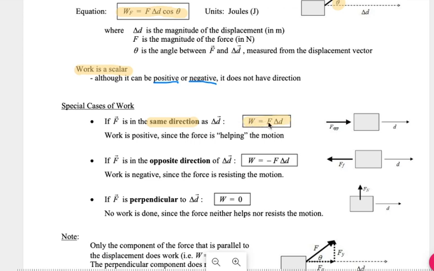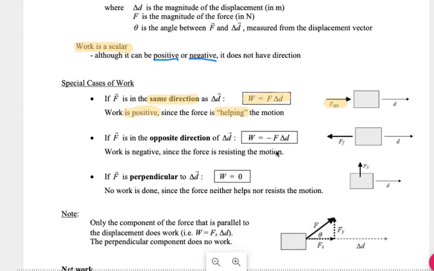It's just the force that's being applied to our object times the displacement, how far this box is being moved. Important to note that this is positive since it's assisting the motion.